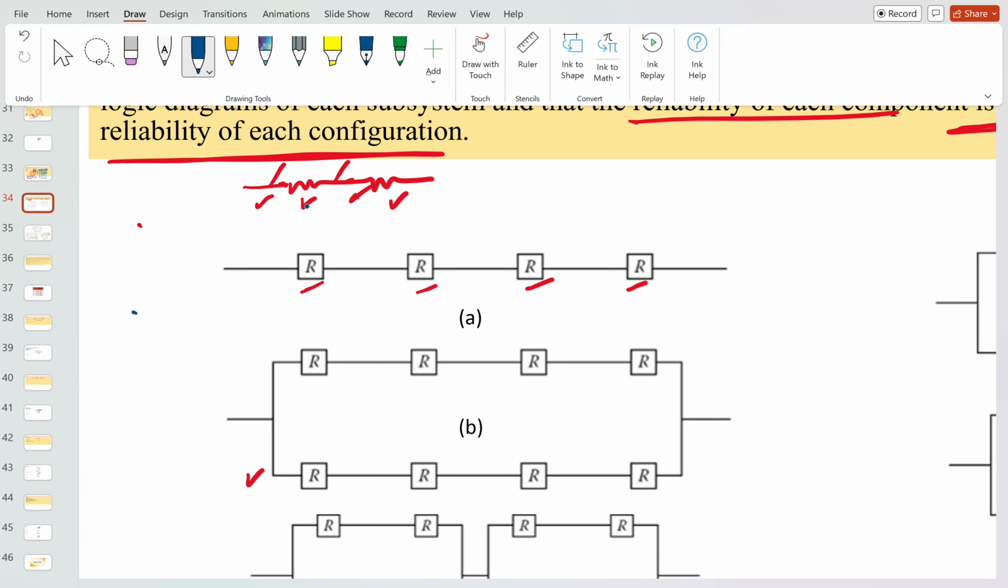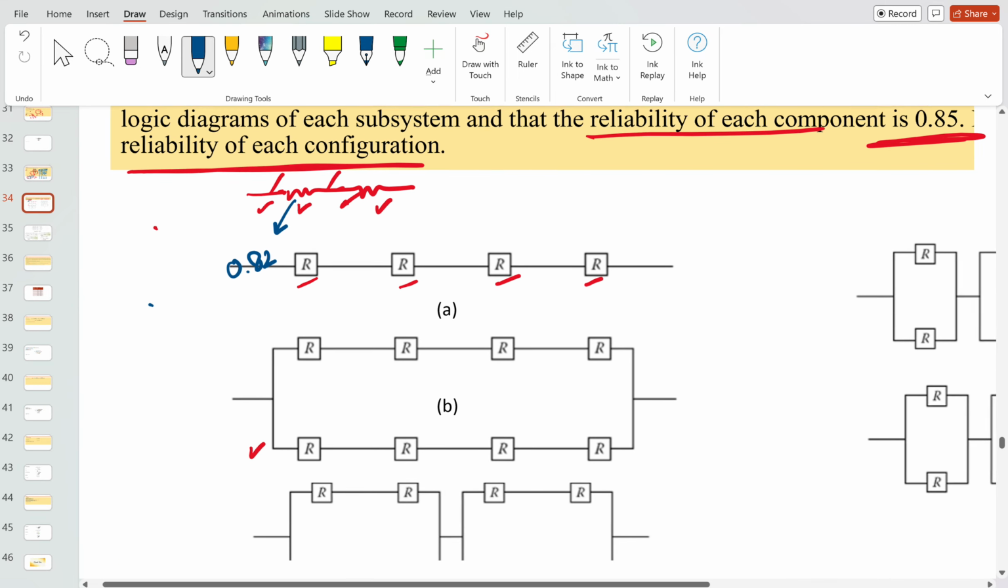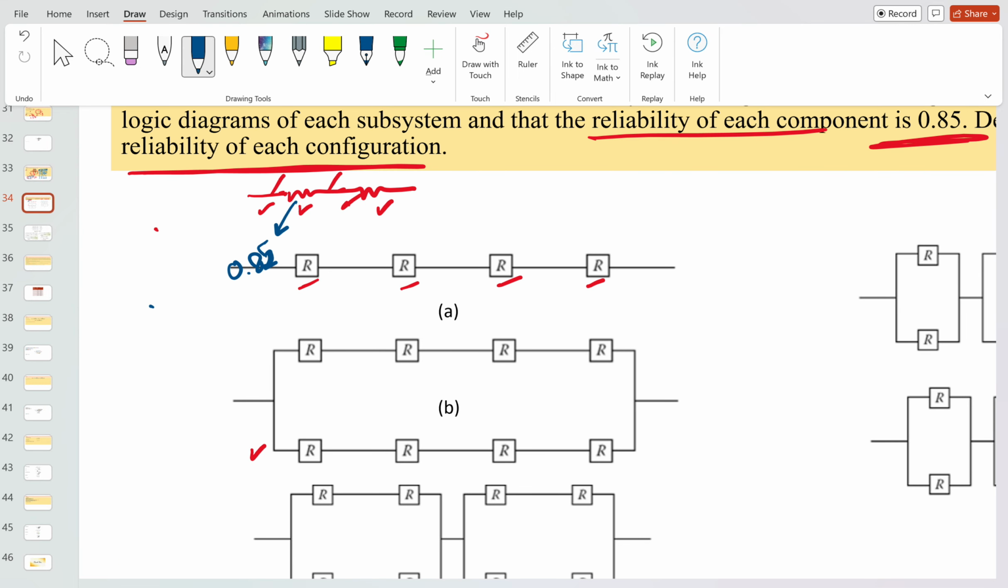If it's one system, the reliability is what is already given, 0.85. But when you have two systems, and the first system's operation is also dependent upon the second component's operation, the reliability will drop down.